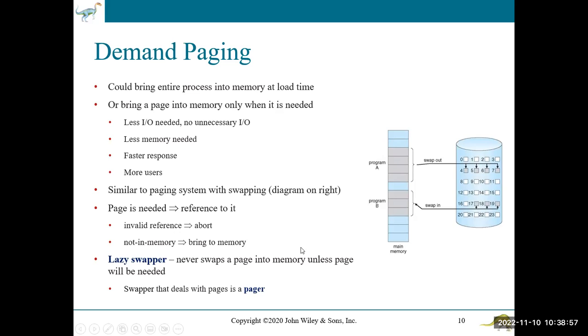So let's take a look at demand paging first. What we're talking about is paging virtual memory, swapping in and out on demand. So you could bring the entire process into memory at load time, or you could bring a page of memory in only as it's needed, right?